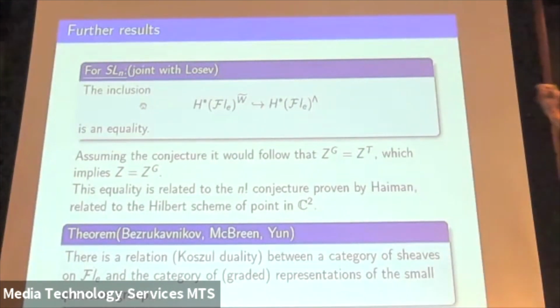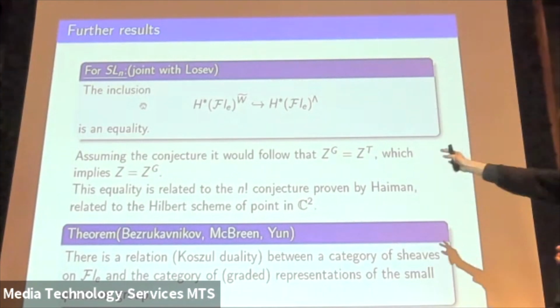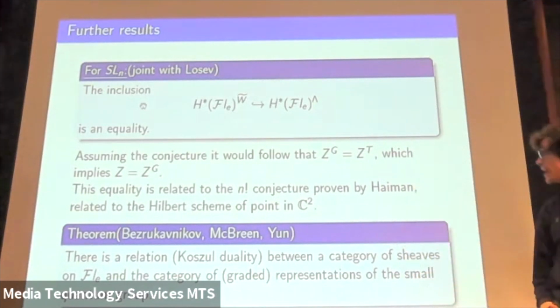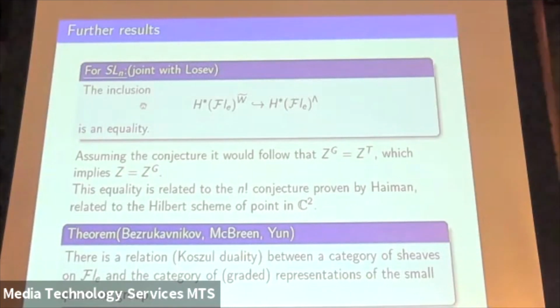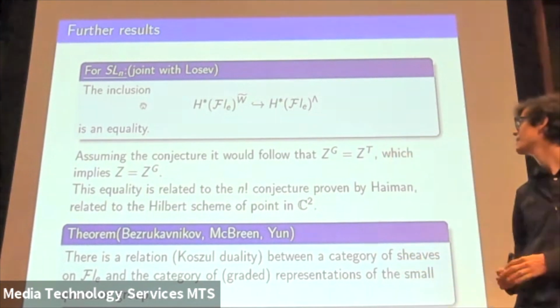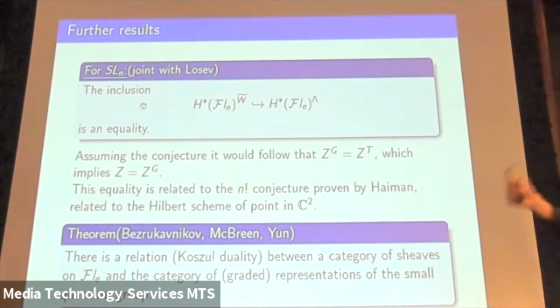And the result of Iosif actually depends on, and in fact is equivalent to, some result of Haiman, his proof of the n factorial conjecture, which in some sense bounds how complicated certain singularities related to the Hilbert scheme of points are. So this result basically says that the action being trivial on this center precisely corresponds to these singularities related to the Hilbert scheme of points being not too bad.